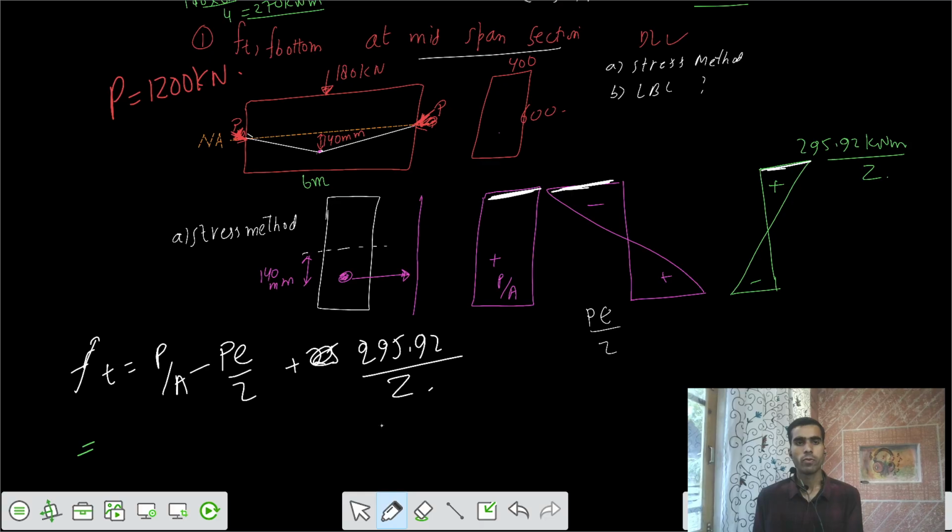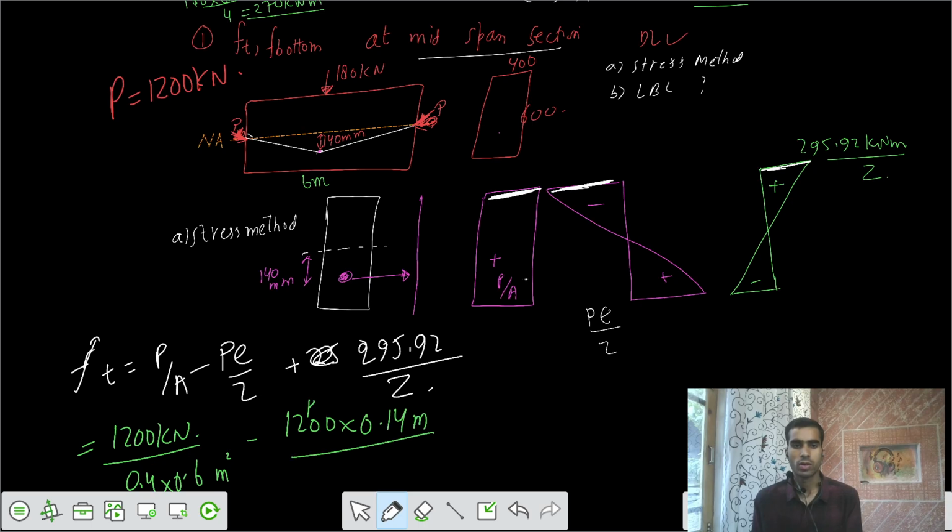So P force is 1200 kilonewton, divided by the area of the cross section, that's 0.4 times 0.6 meters squared. Then minus P times eccentricity E. The eccentricity at the midspan is 140 millimeters, so 0.14 meters. And this is in kilonewton, divided by Z, the section modulus, BD squared by 6.